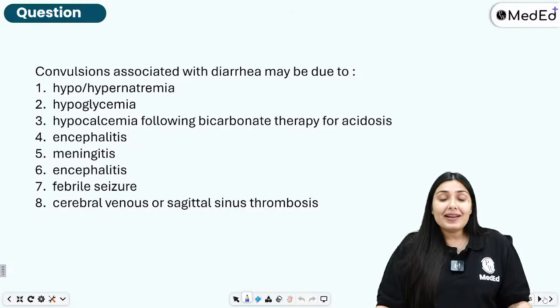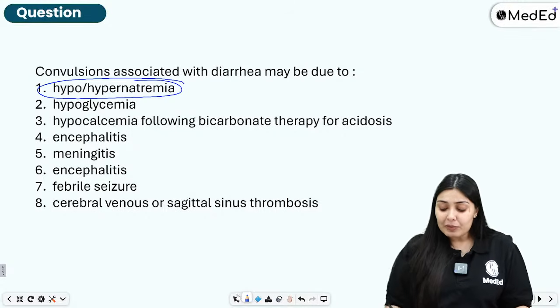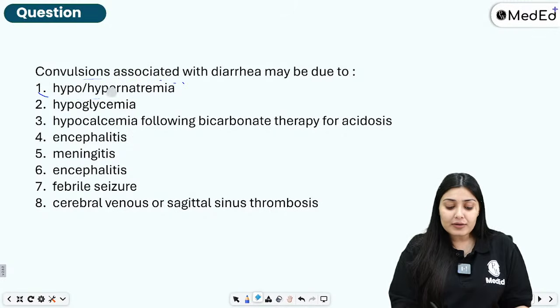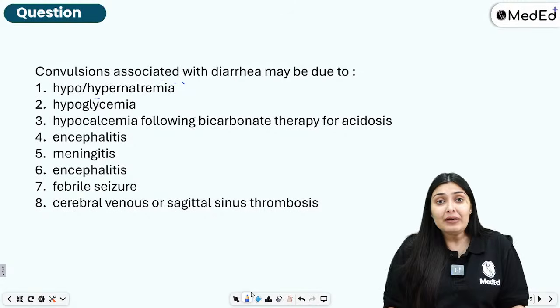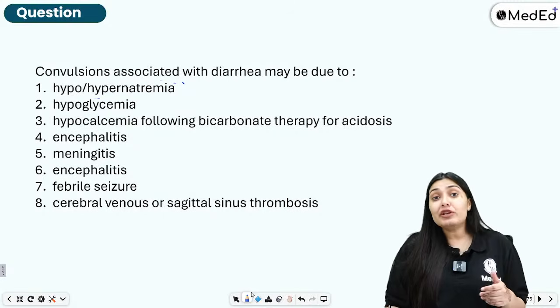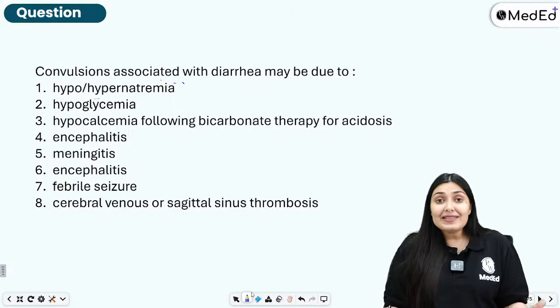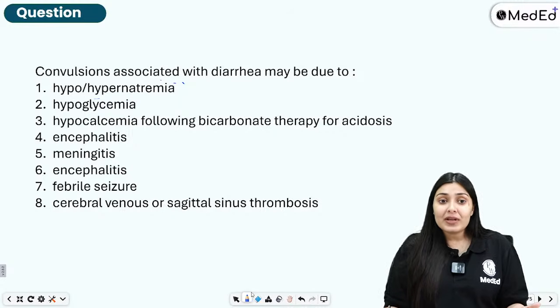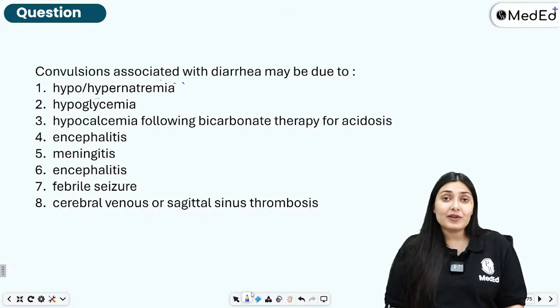So what are these 8 conditions? First condition is hyper or hyponatremia. That means both, either high sodium or low sodium. Then hypoglycemia, less sugar. Then hypocalcemia, especially following bicarbonate therapy that we give for acidosis. Encephalitis, meningitis, febrile seizures, and cerebral venous or sagittal sinus thrombosis.